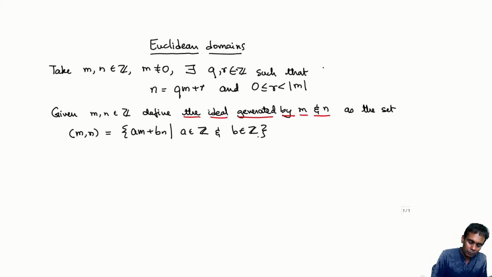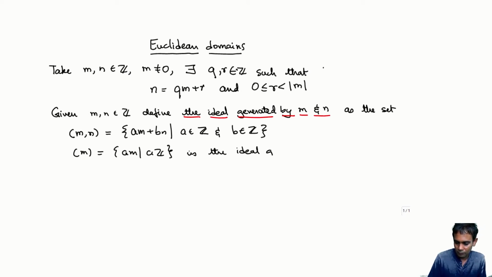We can also talk about the ideal generated by a single element. The ideal generated by m is just all am, a belongs to Z, all integer multiples of m. So the ideal generated by 2 is just all even numbers.